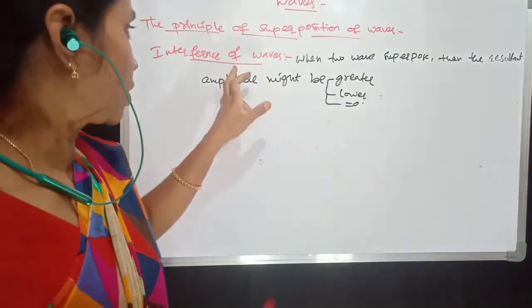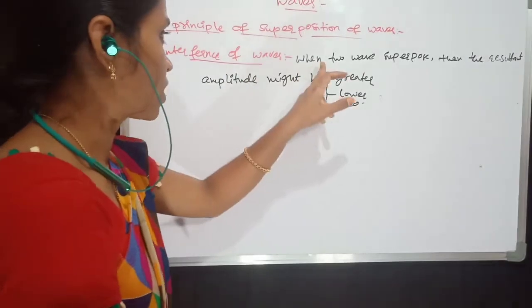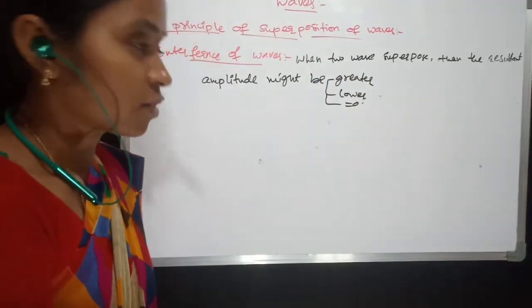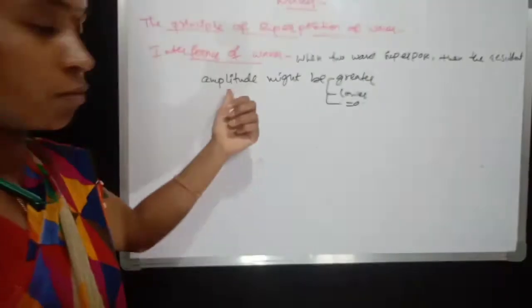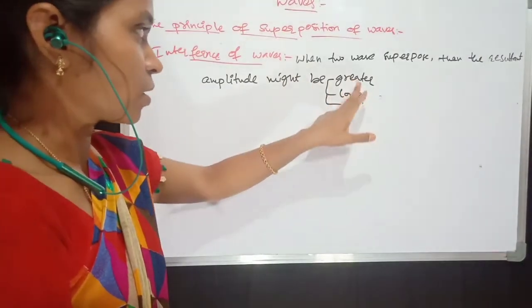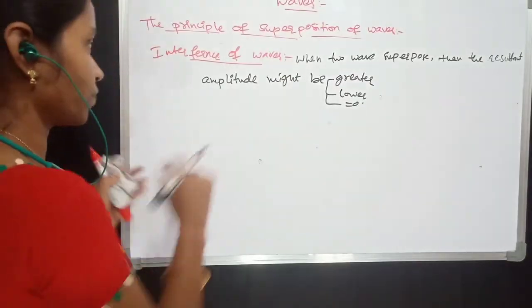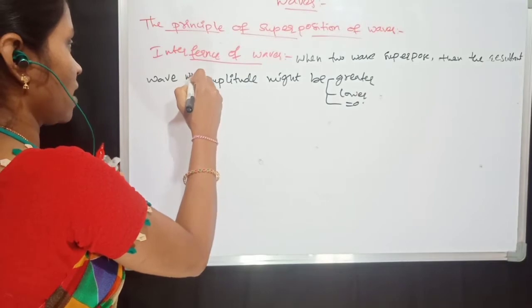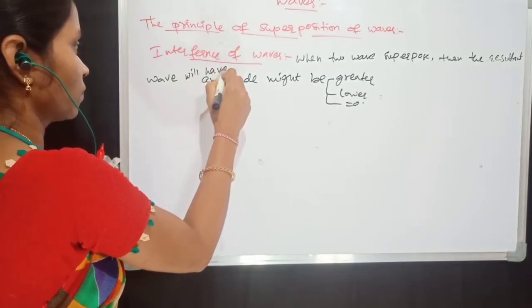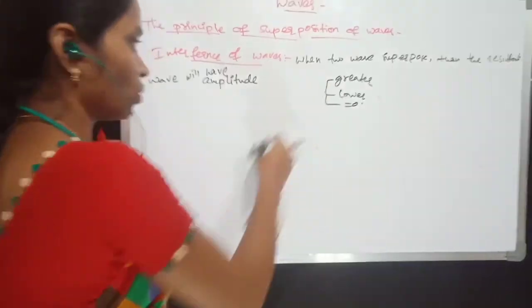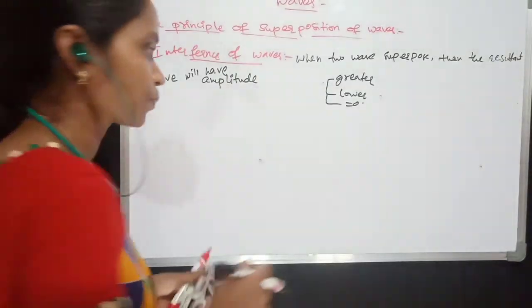Okay, coming to the interference of waves, whenever two waves superimpose each other, then the resultant wave has an amplitude that might be greater, lower or equal to 0.